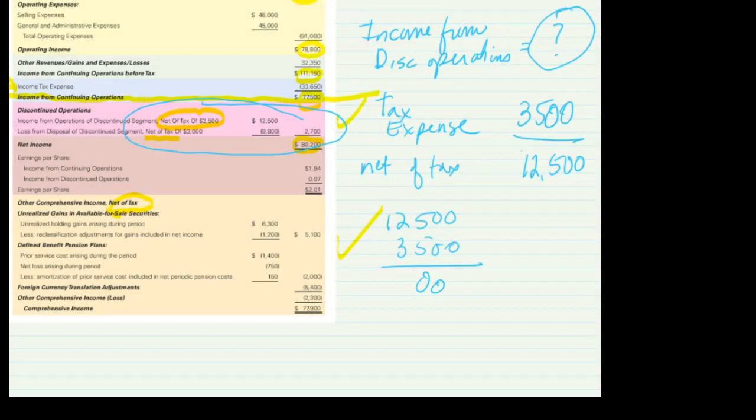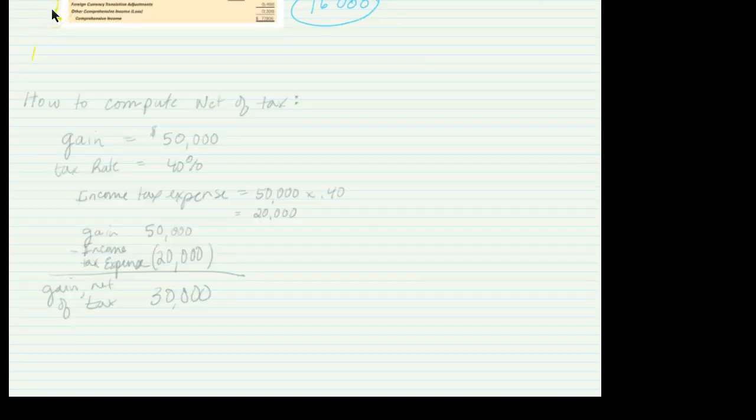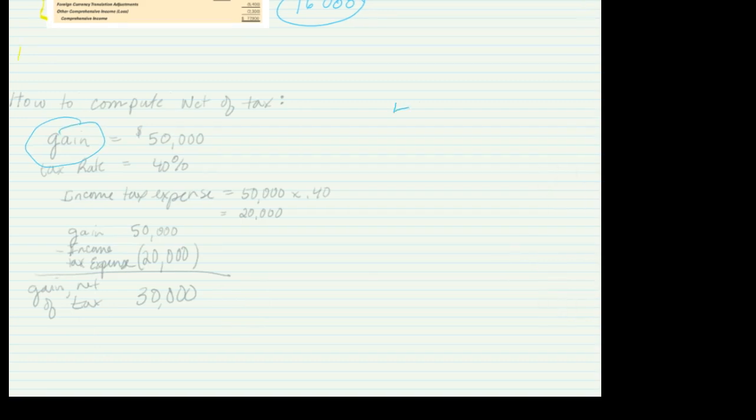Our income tax expense was already shown, the net of tax amount was shown, so therefore the overall amount must have been $16,000. It is shown net of tax because that provides better information for our external users, and the net amount is there. So like we said over here, that's a gain.